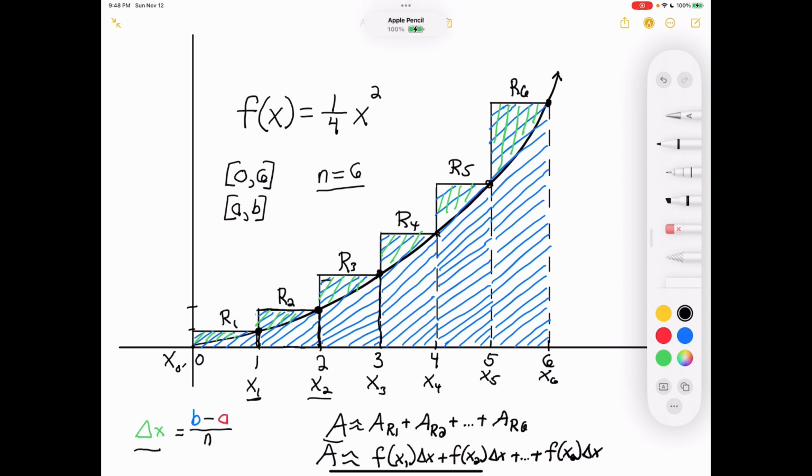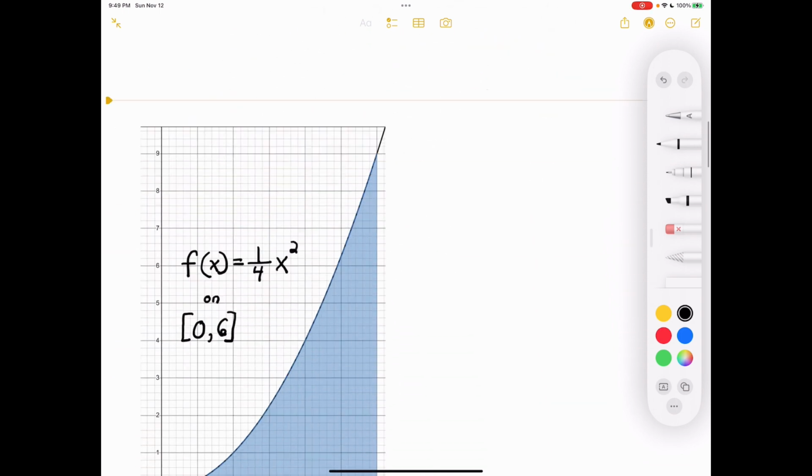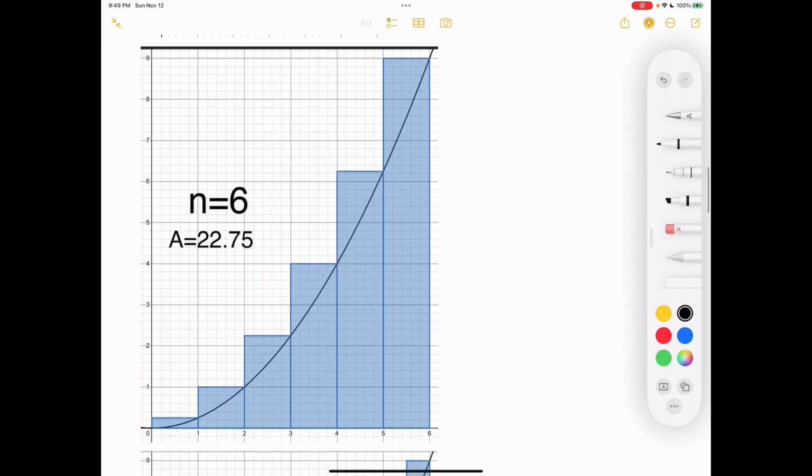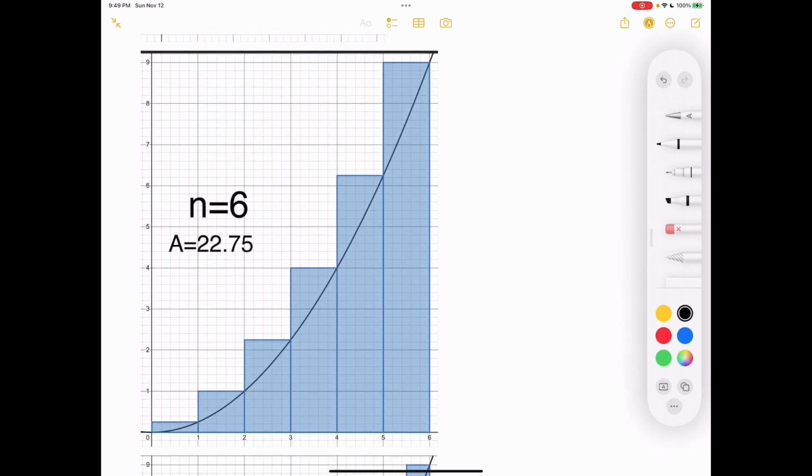And here's the part where we need to think a little bit about what would happen if we decided to use a bigger n. In other words, more rectangles. Notice here that this is just a picture using graphing software of our function f of x equals 1/4 x squared partitioned into 6 subintervals of equal width.